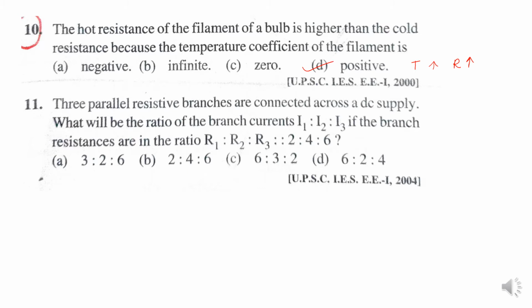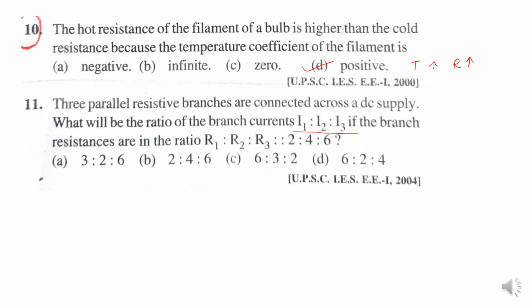The next, three parallel resistive branches are connected across a DC supply. What will be the ratio of the branch currents I1, I2, I3 if the branch resistances are in the ratio R1 is to R2 is to R3? That is given, 2 is to 4 is to 6.